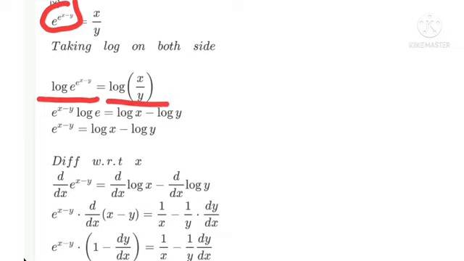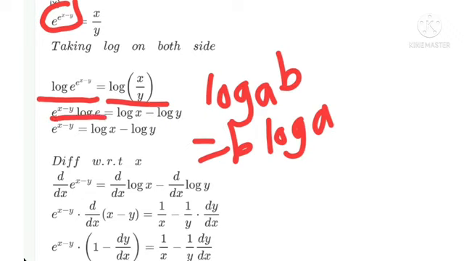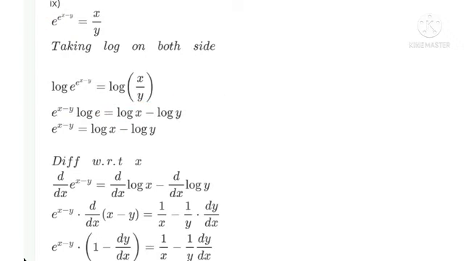So here you use the logarithmic function, log a raised to b is equal to b into log a. Similarly here x minus y into log e, and here log a minus log b. Okay, so what is the value of log e? 1. So we get x minus y is equal to log x minus log y.